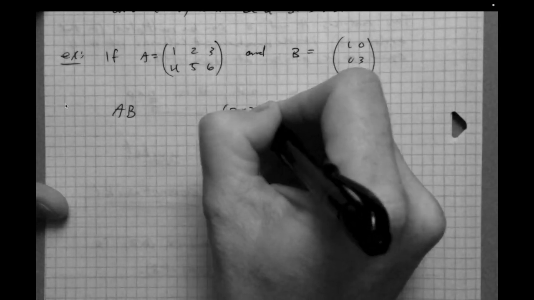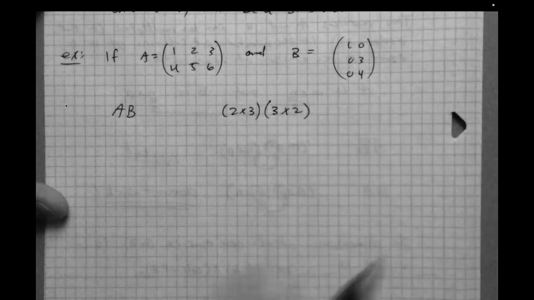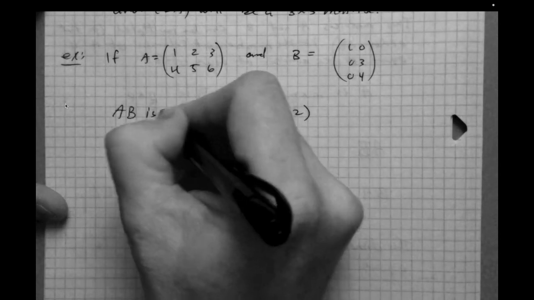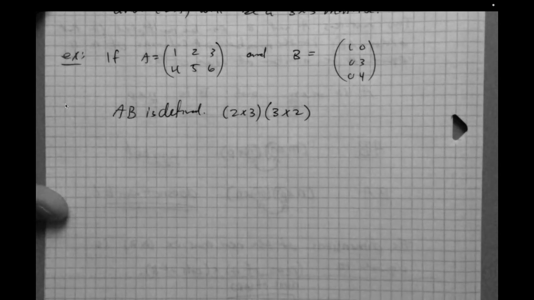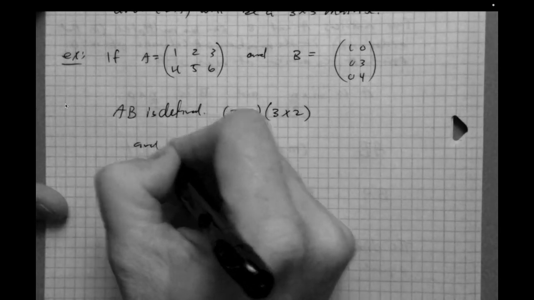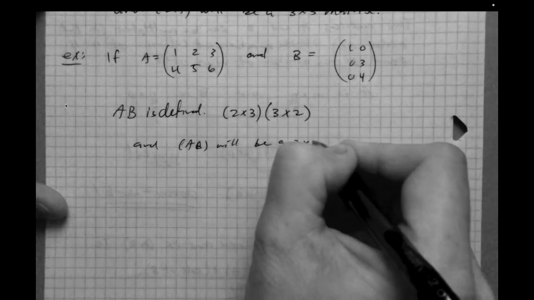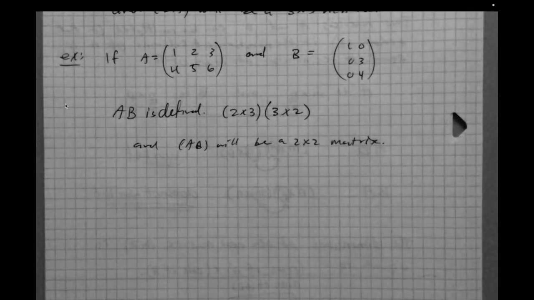So we've got a 2 by 3, and we're trying to multiply that against a 3 by 2. So this is exactly the case we just saw, isn't it? So AB is defined, right? And the product will be a 2 by 2.